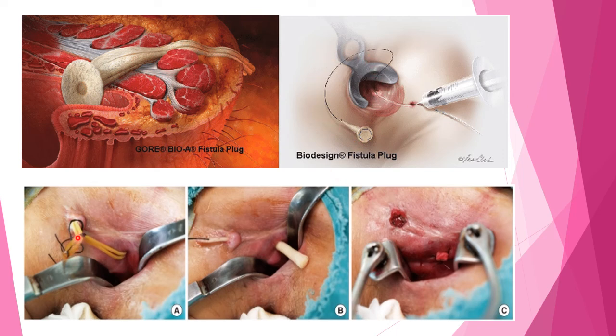So here you put it inside, you pull it through, pull the whole thing down, okay, and then until it fills the fistula tract. And this bioprosthetic mesh will cause plugging and sealing of the fistula tract.